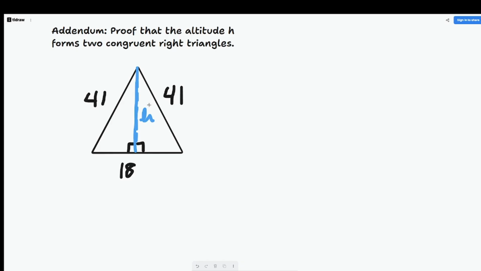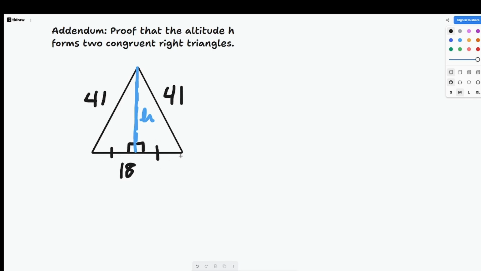That's satisfied in our case because these two triangles share this side length h, and they also have the same hypotenuse length, 41. So by the hypotenuse-leg congruence theorem, we know that these two triangles here are congruent. And since they're congruent, that tells us that this side length and this side length have to be the same.